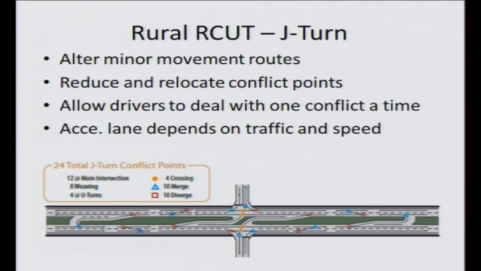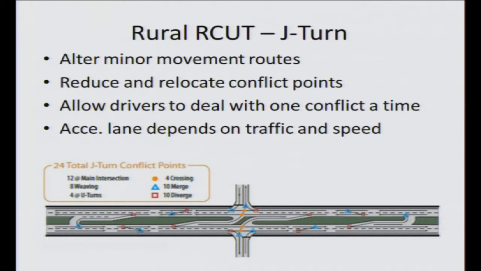That will eliminate those kinds of angle crashes, okay? And we put this U-turn opening at a certain distance because that allows drivers to make a right turn and accelerate, change lane, and decelerate. So there are many tasks the driver has to do. This distance needs to be sufficient to allow the driver to do all those movements, okay?